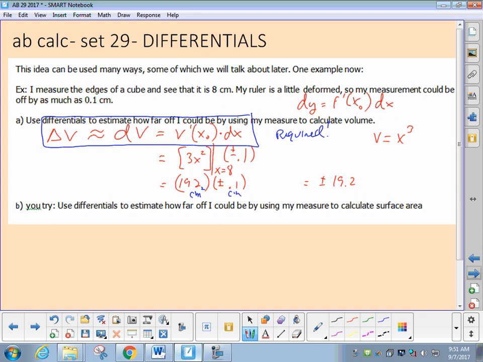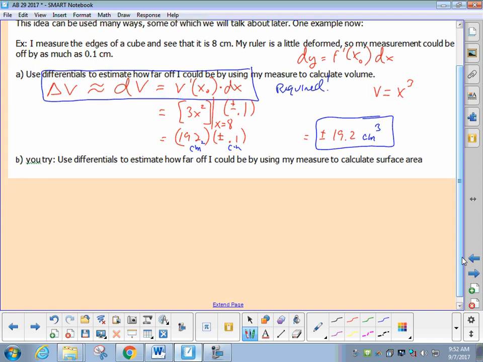So altogether, centimeters squared times centimeters is centimeters cubed. Does that make sense for an error in volume calculation? All right. That then is the estimated how much my volume could be off. If I just was off by 1/10 of a centimeter, my volume could be changing by as much as 19 cubic centimeters. Try surface area and see if you get the idea.